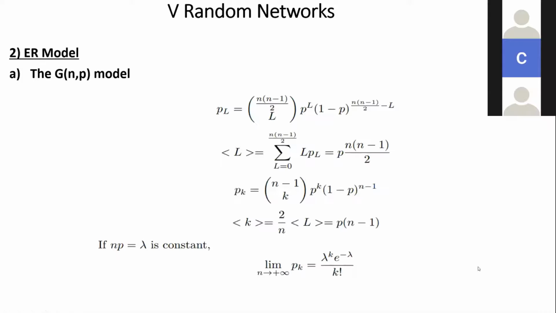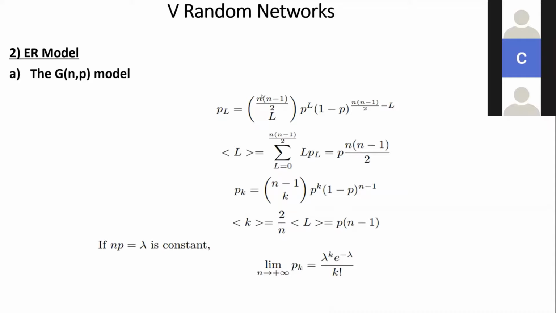Well, you can prove that these results are basic probability, so I refer to the books that I presented before. This is the probability that a network has exactly L links, L edges, within the procedure.